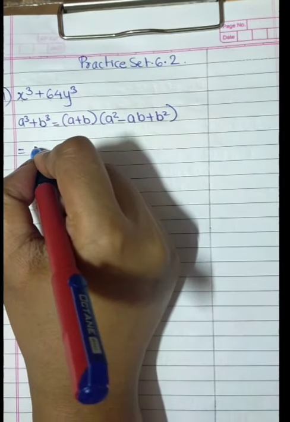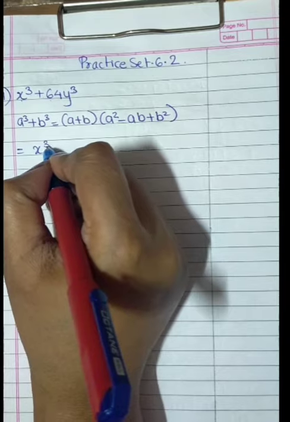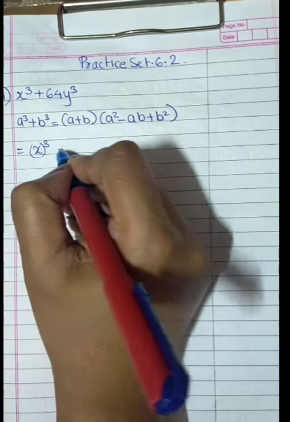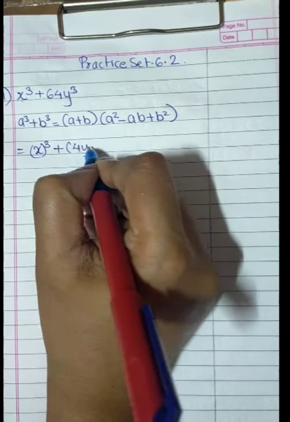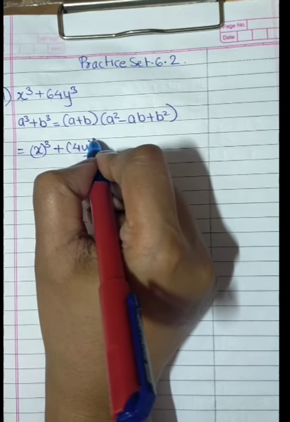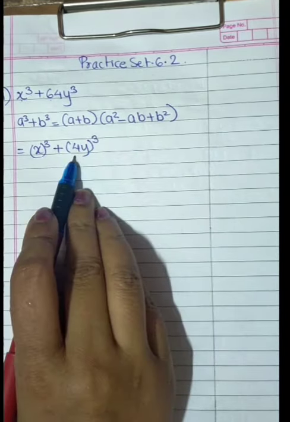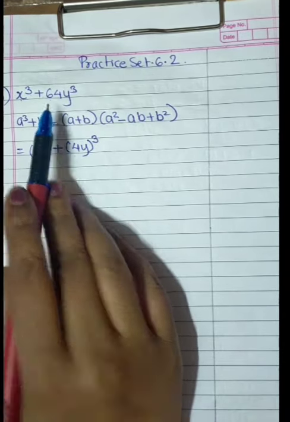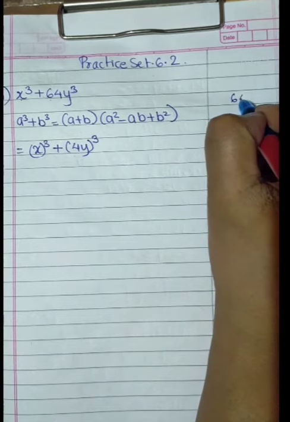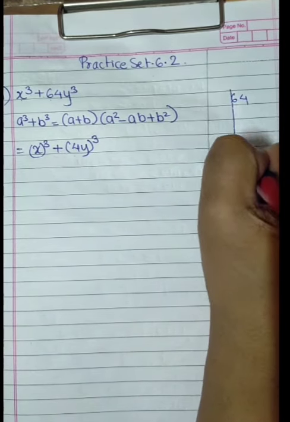Now I am writing x cube while taking inside the bracket. I am writing like this, 4y cube I have written. Why have I written 4? Because 64, as you can see, after taking LCM you will get it.